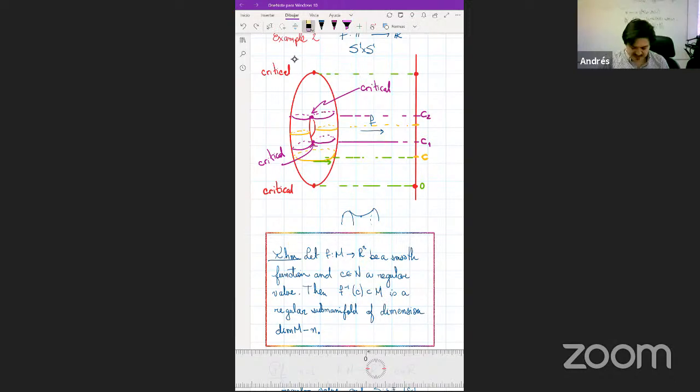Eventually, Rn will be N. C is in Rn. Eventually this result will be called on arbitrary manifolds. So here Rn. Okay. And this n corresponds to the dimension of this manifold.